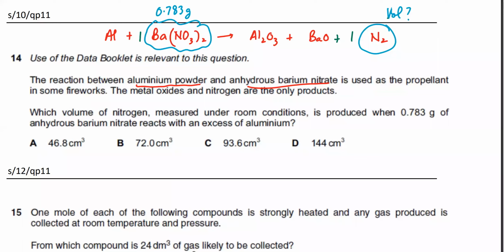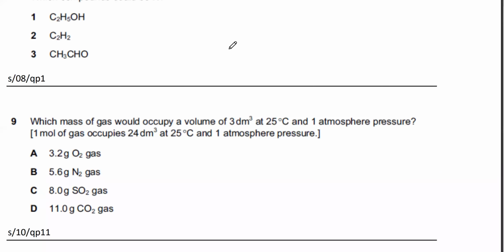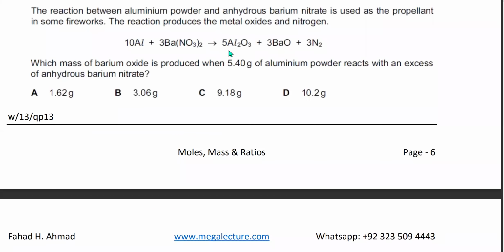And I can show you a balanced equation for this one as well. There's a balanced equation given in an earlier question for the same reaction. I think it's given over here, this one. So that's the complete balanced equation.